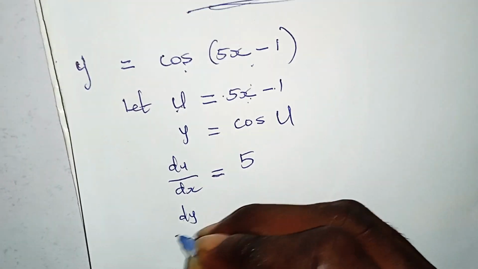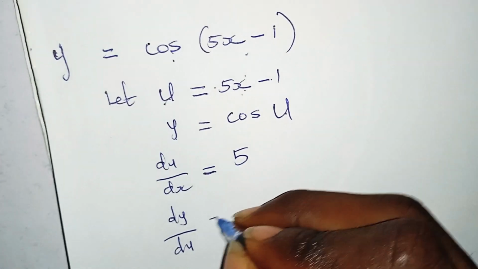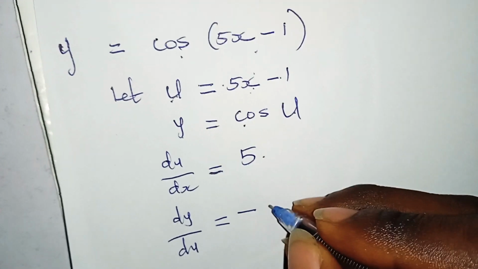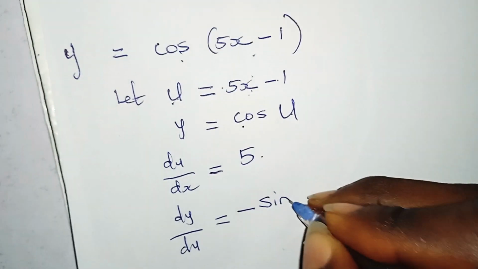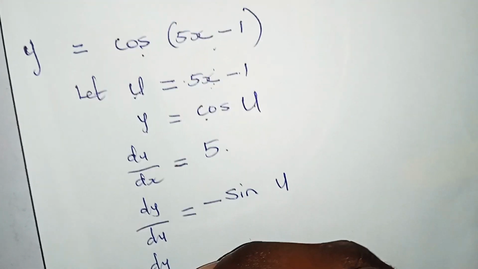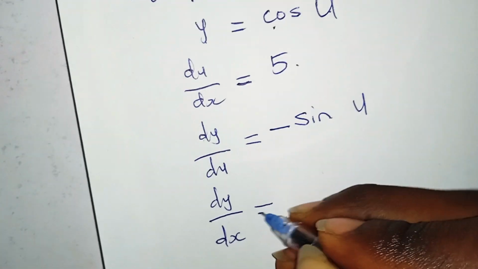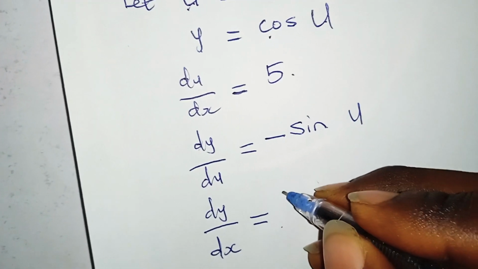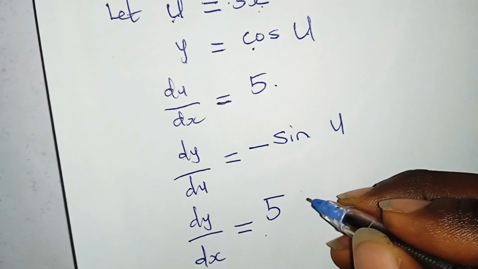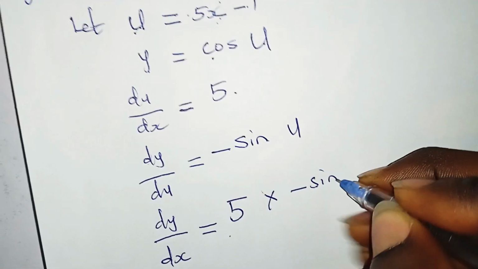Now dy with respect to u, dy du, is going to be cos. The derivative of cos is minus sine u. So that means that dy dx is simply going to be du over dx, which is 5, times dy du, which is minus sine u.